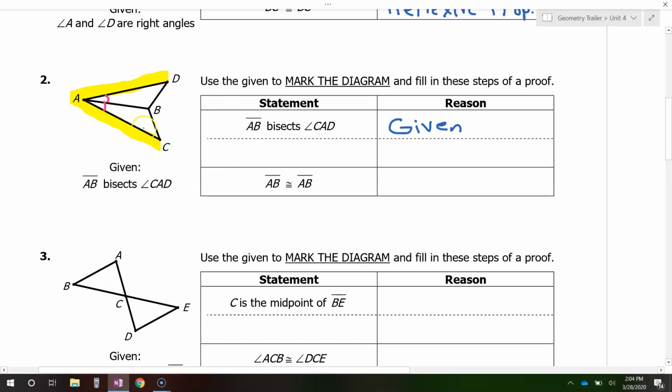And in fact, the marking that we just did tells us what the next statement has to be. And again, this is a pair. When you have a segment that is bisecting an angle, the next thing you're going to say is that the two halves are congruent. So this top half here is angle DAB. So we can say angle DAB is congruent to angle CAB.